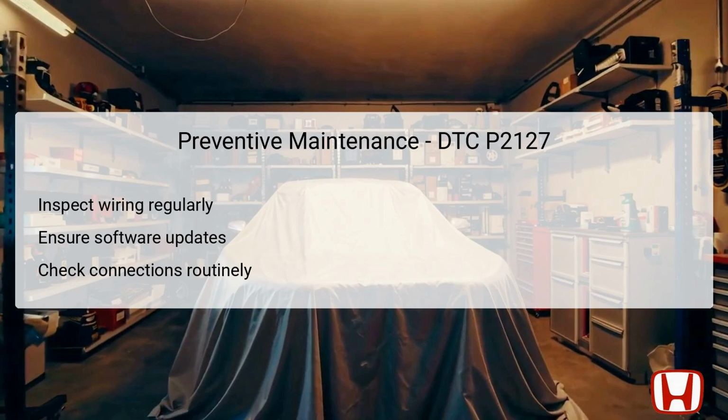It is equally important to ensure that the ECM software is updated periodically, as improvements are often released by manufacturers to enhance vehicle performance and reliability. Routine checks of electrical connections can also help identify potential looseness or corrosion before they lead to system failure, thereby ensuring that all components function as intended.